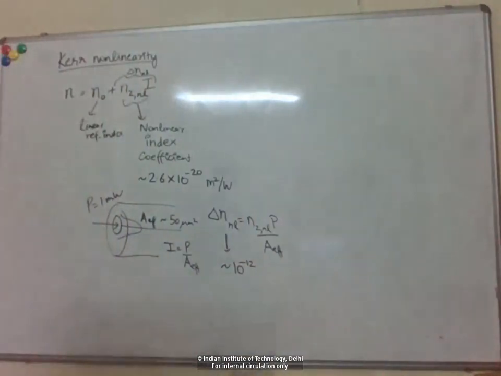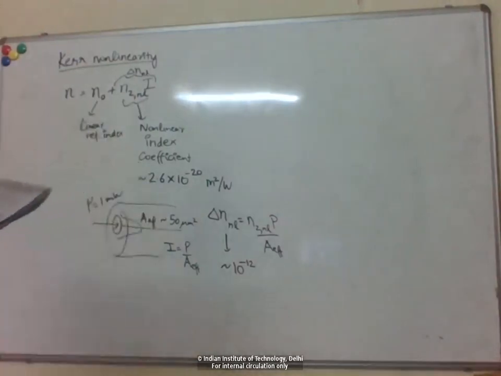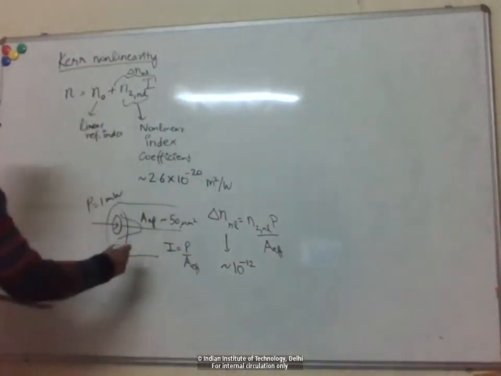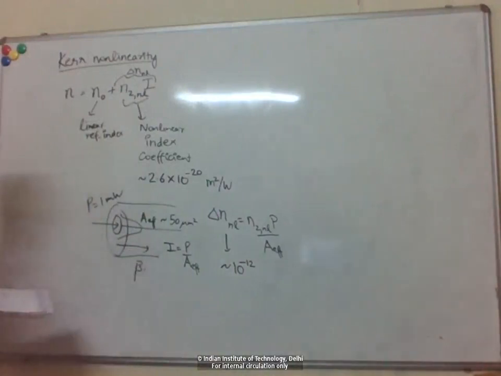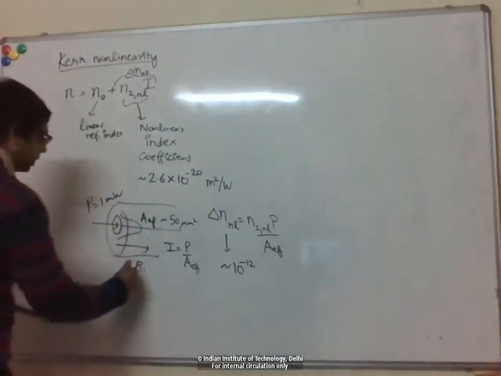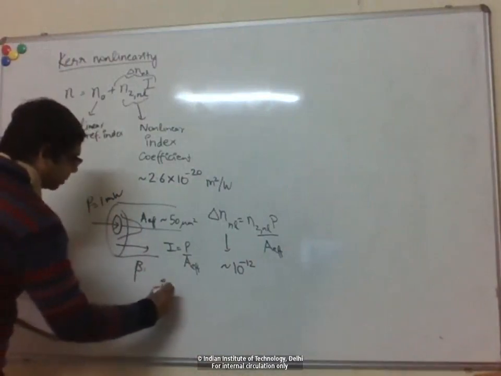So you might think, why are we even considering this? This is totally negligible. But again, consider what happens. This mode as it's propagating has some wave vector or propagation constant beta, and it acquires a phase, beta z.